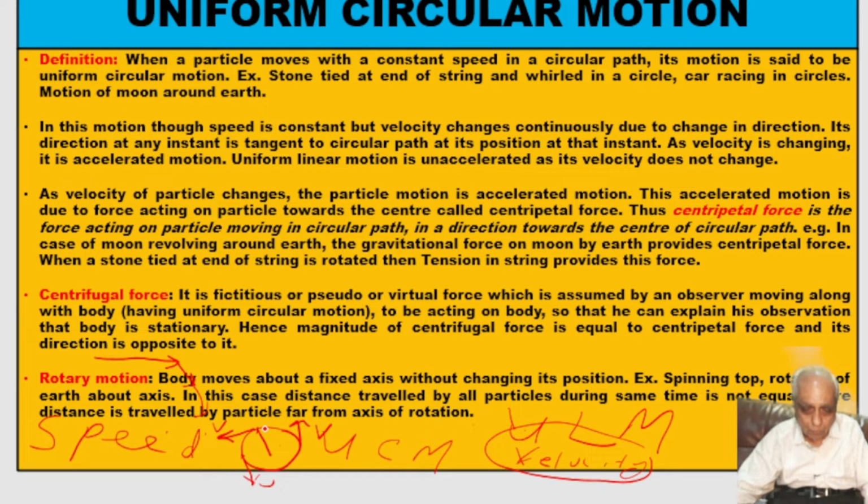So when a body is moving in a circle, some force is acting on the body, which is changing its direction. Now let us see how that force acts. Suppose, as we have learned, this is the nucleus, the center of the atom, where the protons and neutrons are, and an electron is rotating in this circle.